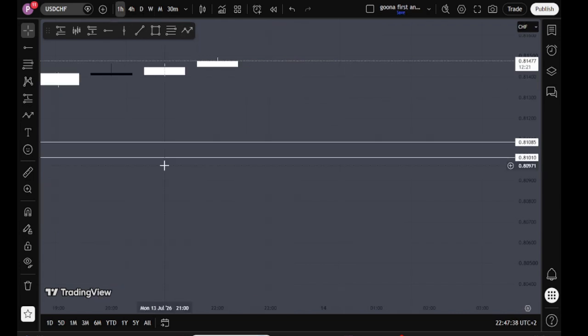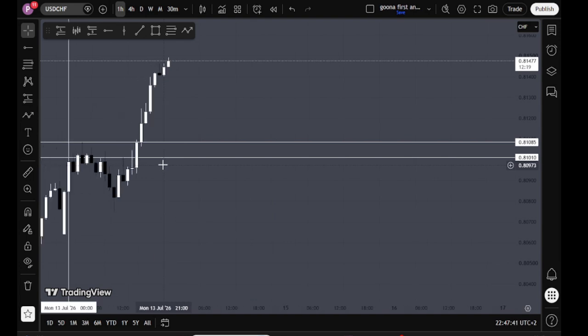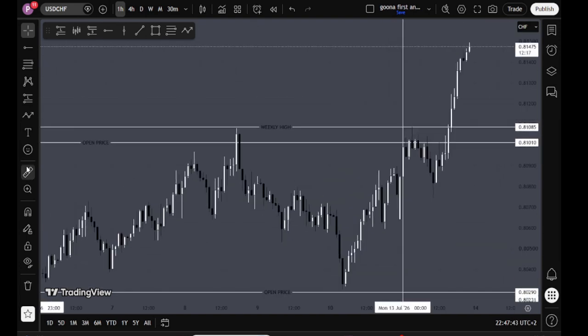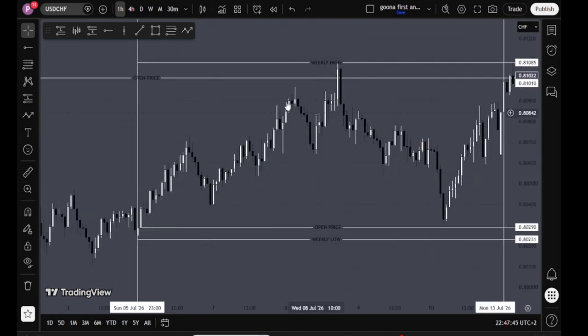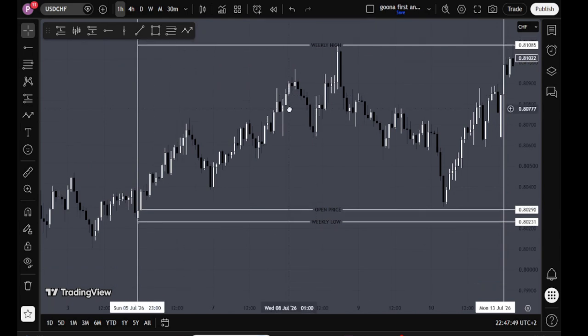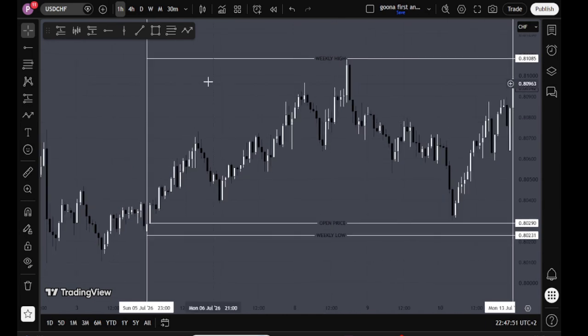One hour. So this is our open price here. So we can see that Monday started pushing up, Tuesday still pushing up, then Wednesday pushed something like that.